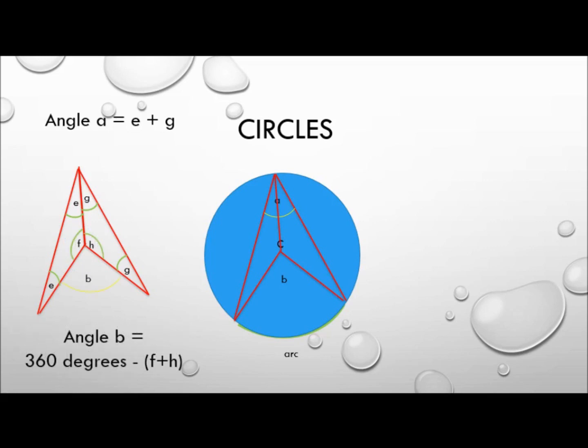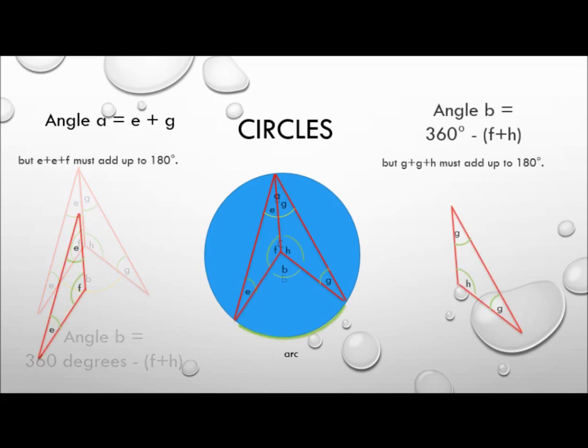So angle B is equal to 360 degrees minus the sum of F and H. But of course we've got two isosceles triangles, so the two E's plus the F must sum to 180 degrees. And by the same reasoning, the two G's plus the H must also sum to 180 degrees.